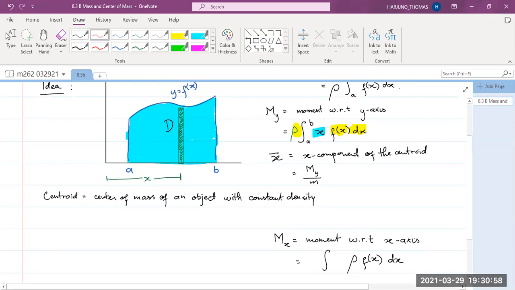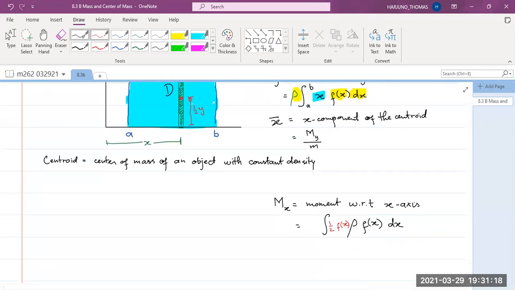The distance of the center of mass of that rectangle from the x-axis is 1/2 y. That's 1/2 of f(x).